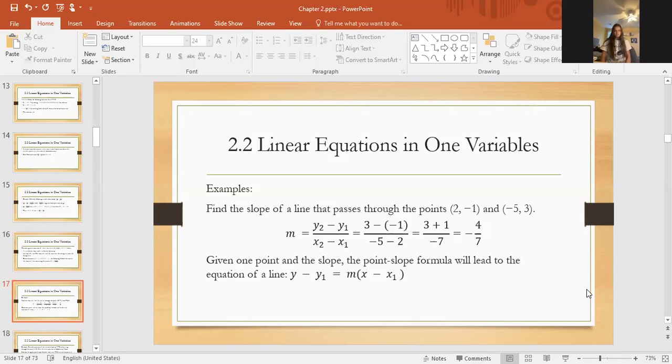I'm sorry. The difference of the y values, yes, is 3 minus negative 1. That is 3 plus 1, which is 4. Now the difference of the x values is negative 5 minus 2, which is negative 7. So the slope of the line that passes through those 2 points is negative 4 over 7.